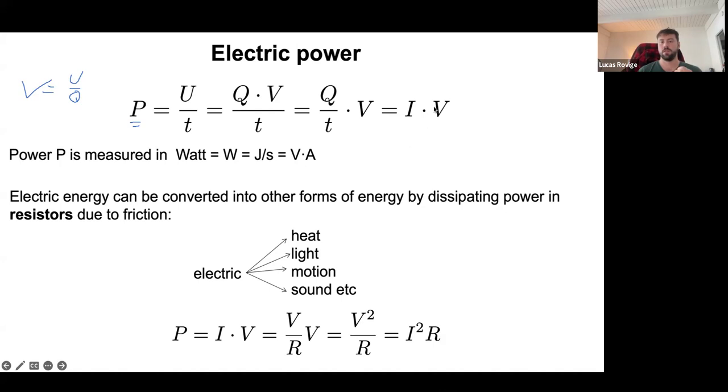So we just have a constant amount of charge per amount of time that's moving, dQ/dt.